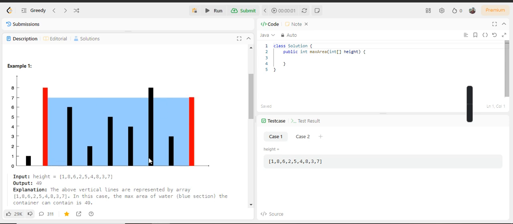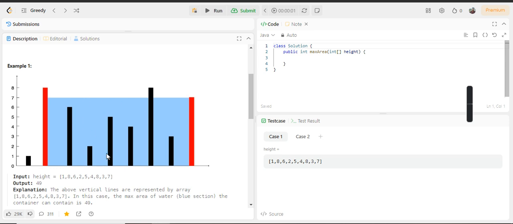And the length is along the x-axis. Whatever the index i is, say 1, and the end, let's assume it is 10. So 10 minus 1 is 9, and this will become our length.